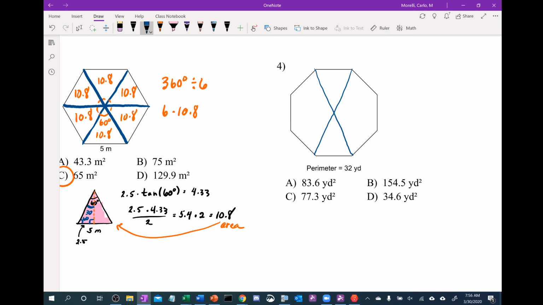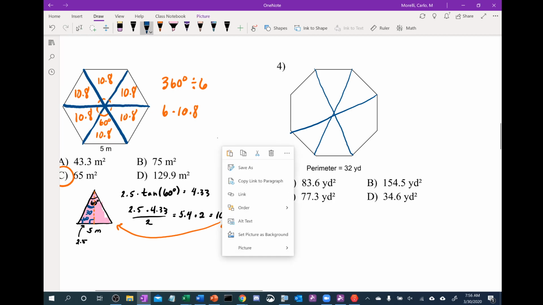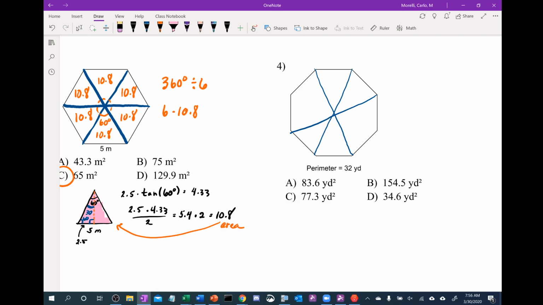So we're just connecting opposite vertices. Okay, so now you just have 8 small triangles, and we need to find out what each of these angles are right here.